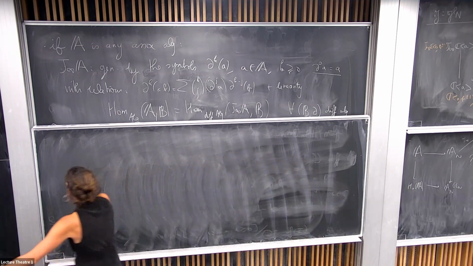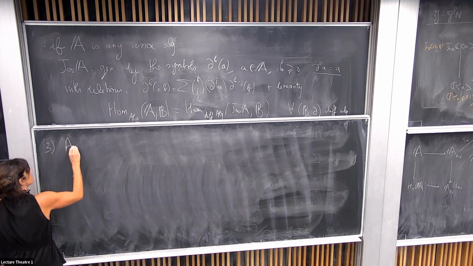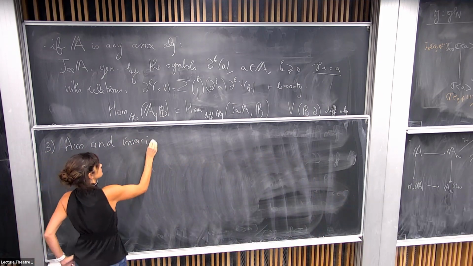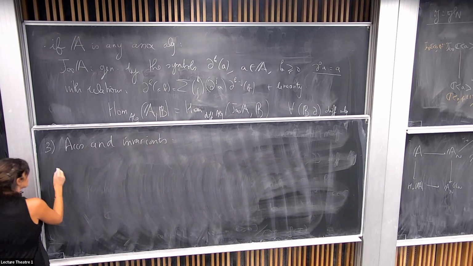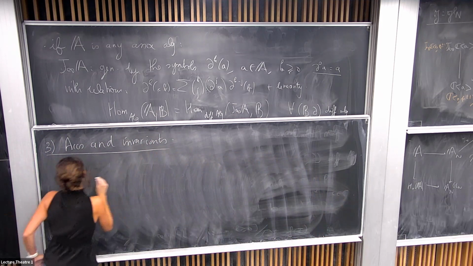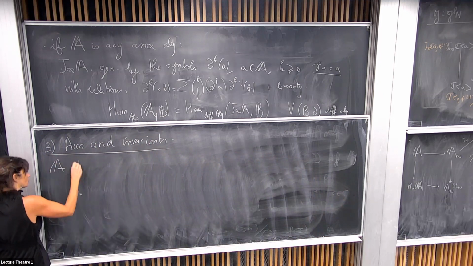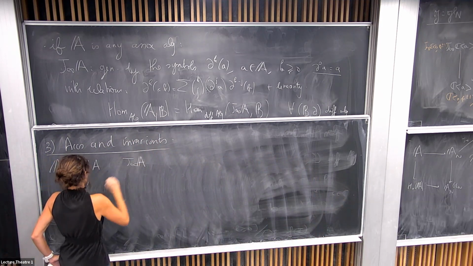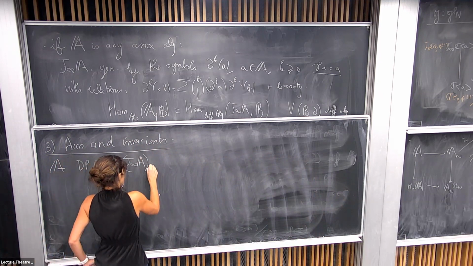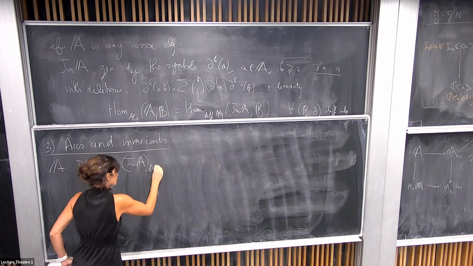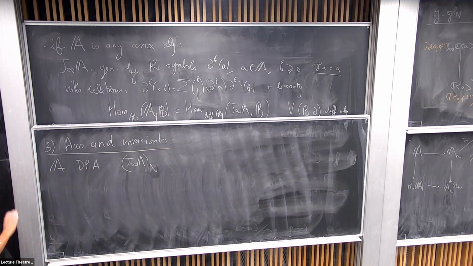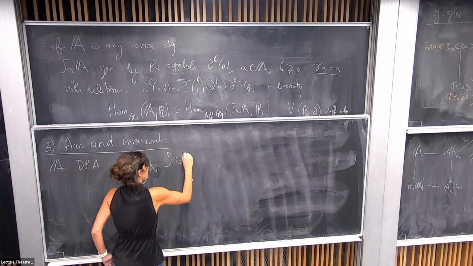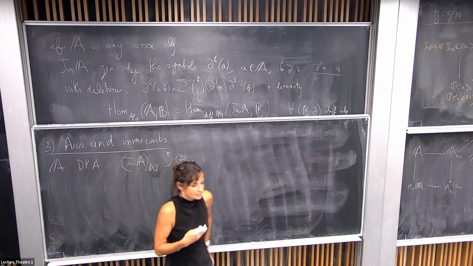So this is my third part, arcs and invariants. To explain what I want to do, if you start with a double Poisson algebra, you have the jet of that, and then you can take the representation functor, the representation algebra. A priori, GL_N acts on this as usual.